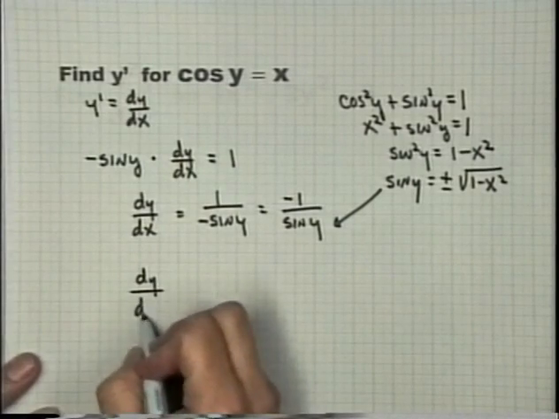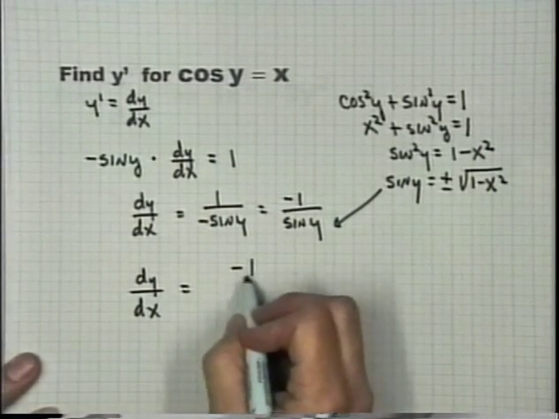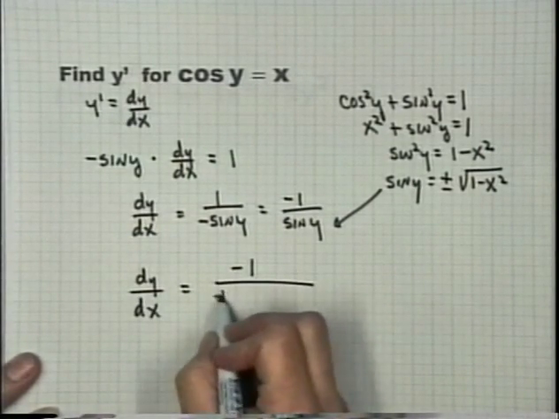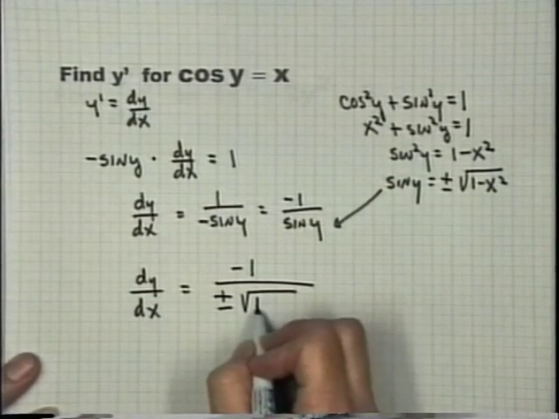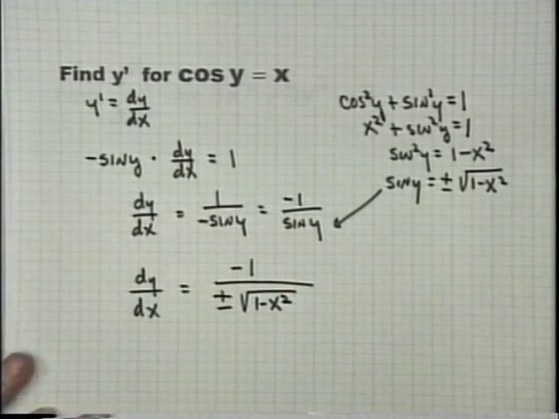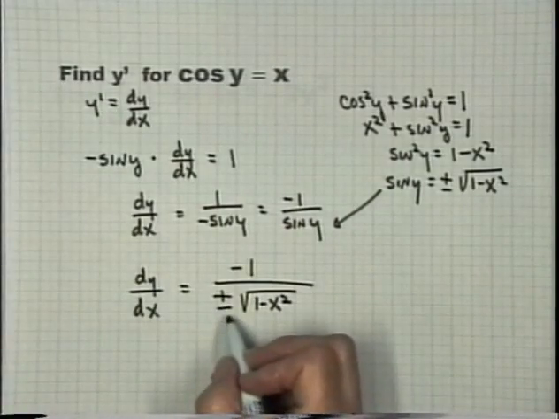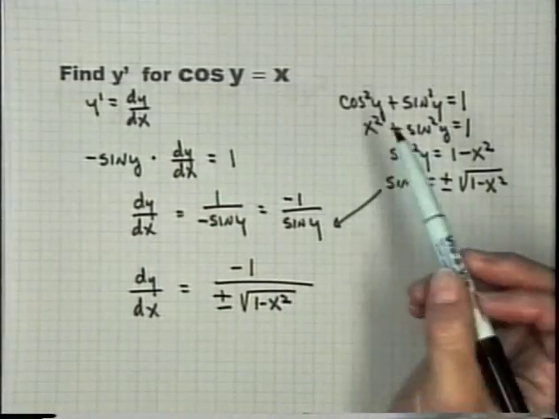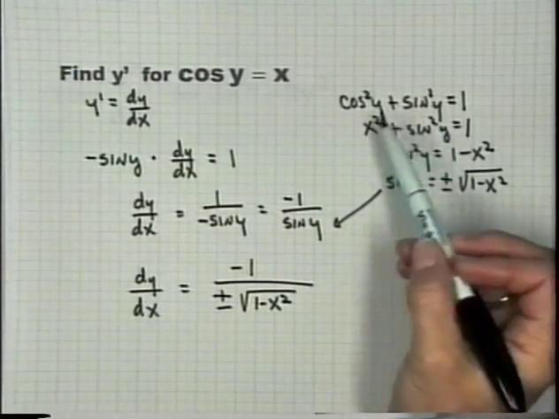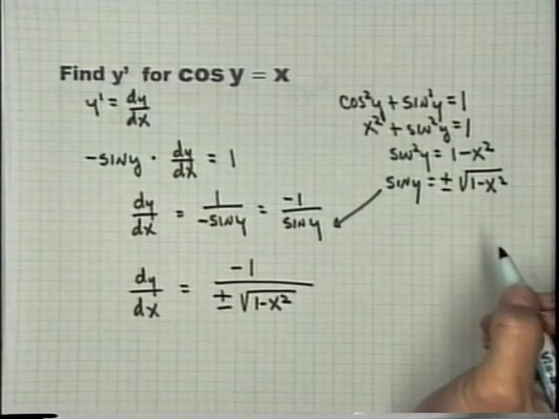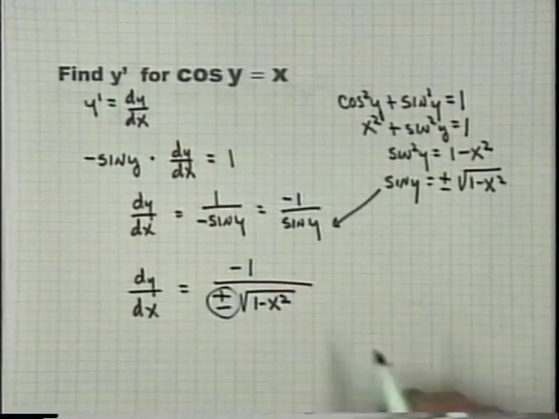dy/dx equals negative 1 over plus or minus the square root of 1 minus x squared. Now, you might say, how do you know whether to use the plus or the minus? Well, you're going to need to be given some information about what quadrant y would be in order to make that designation here.